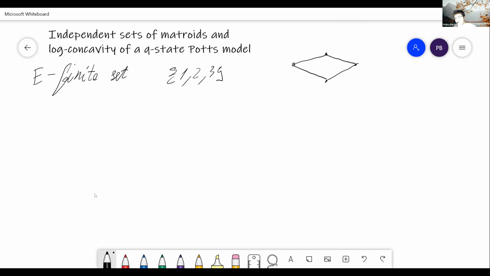And actually, matroids are a very useful tool to study graphs, and we will come back to that later. So what is a matroid? Usually the set of vertices or the set of edges, normally.